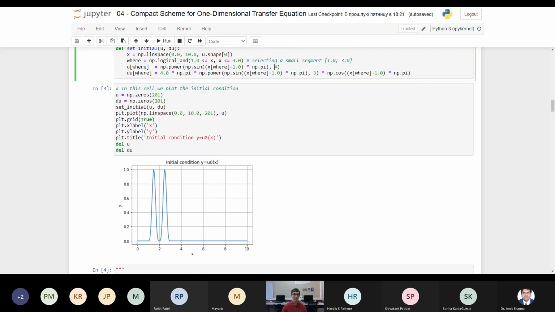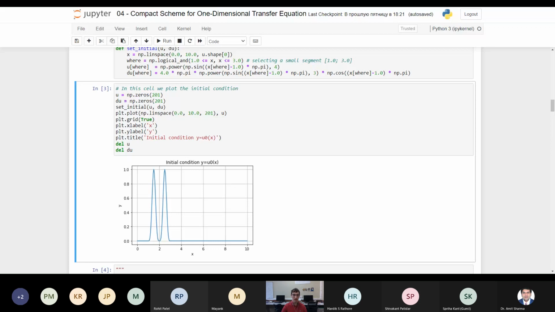And in this cell, we actually plot the initial condition. So we can see that the total computational domain is from 0 to 10, and in the subdomain from x equals 1 to x equals 3, we have a smooth initial function.